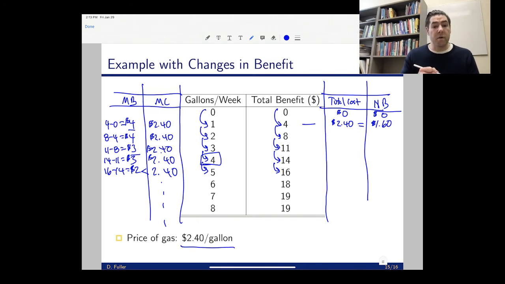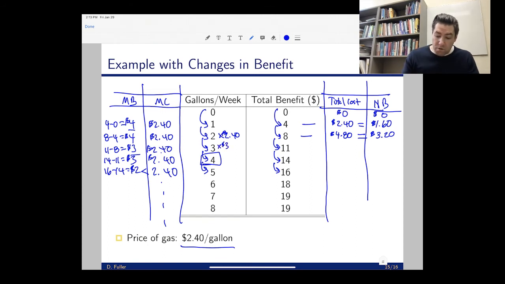If I use 2 gallons of gas per week, my total cost is 2 times 2.40, or $4.80. If I subtract 4.80 from 8, I'm left with $3.20 as my net benefit. Still going up, by exactly the same difference between my marginal benefit and marginal cost.